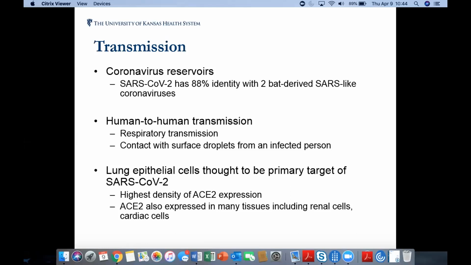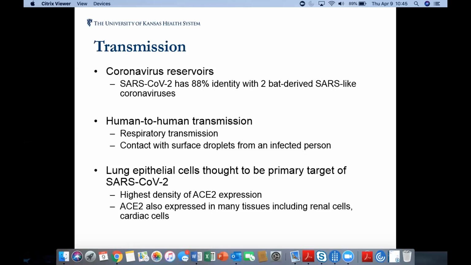In terms of the primary target of SARS-CoV-2, it's thought to be the lung epithelial cells. The reason for this is that these cells display the highest density of ACE2 expression. As I said before, ACE2 is the primary protein that the virus uses to gain access into the host cell. However, ACE2 is expressed pretty much everywhere throughout the body in various degrees of density.